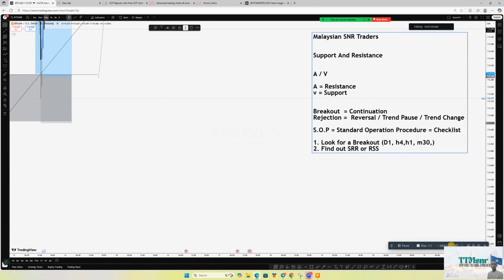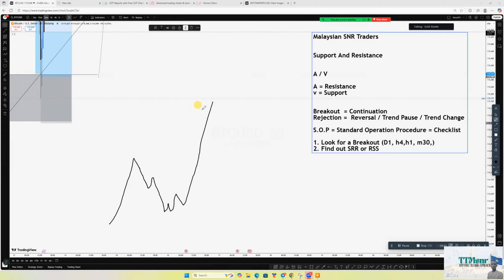What do SRR and RSS mean? For example, on the line chart, we have a breakout, and then the market creates something like this. This is the breakout of daily. But when I come to 4 hour or 1 hour, I get something like this here.